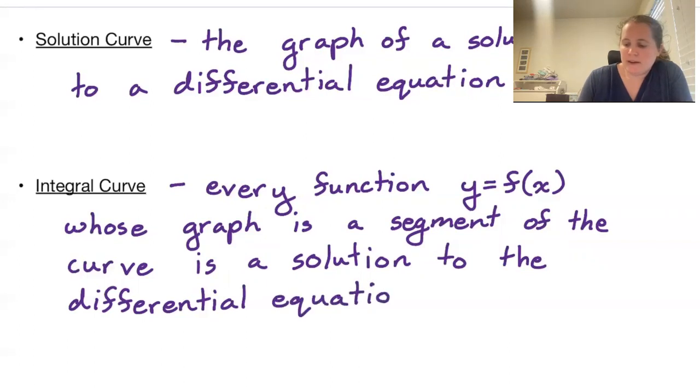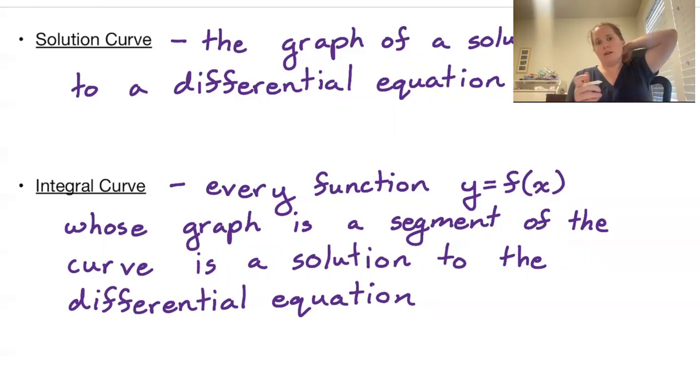So essentially, we may have a curve which is not a function, right, that doesn't satisfy the vertical line test, but for which almost every point along that curve, except where it's vertical, is going to be a solution to that differential equation.